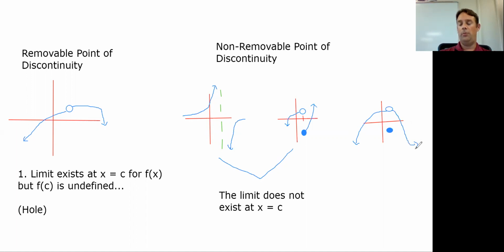So this is the other non-removable point of discontinuity. And this exists because the function value at c doesn't equal the limit value.